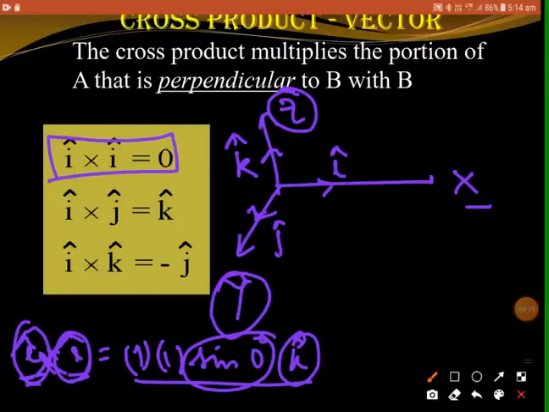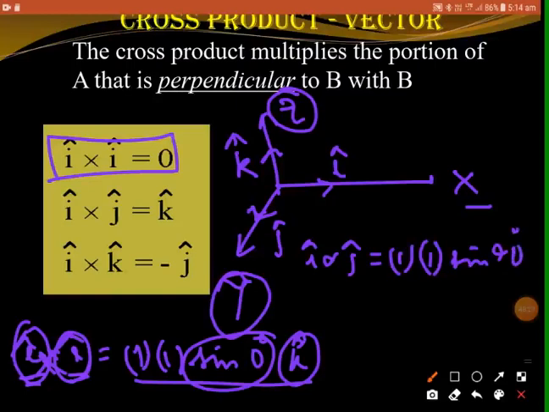But in the case of i cross j cap, the magnitude of i cap is 1 and j cap is 1. The sine of the angle between them: this is along the x-axis and y-axis, so the angle between them is 90 degrees. And we need to find the direction, n cap.